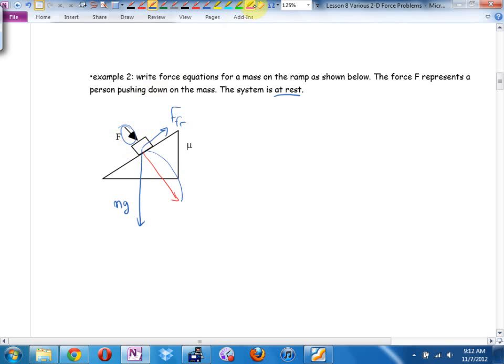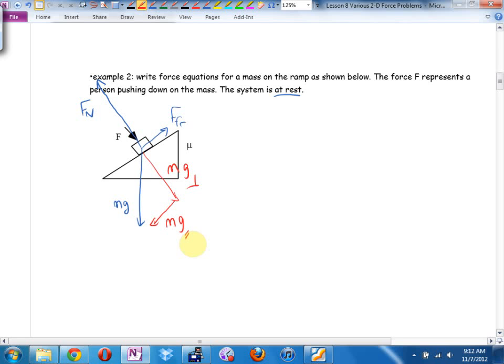It's got to cancel both of those out. Otherwise, this would have to be sinking into the ramp like quicksand. So I'm going to draw a longer normal force like that, and then break gravity up into its components of mg perpendicular and mg parallel.